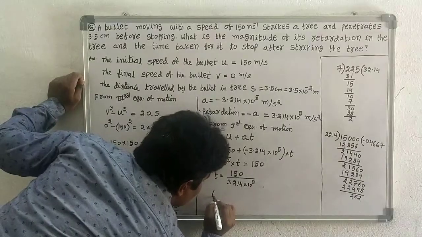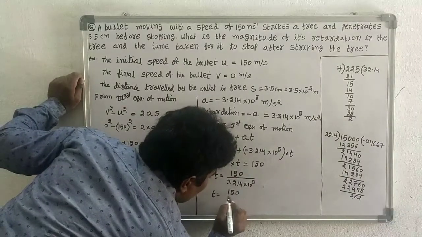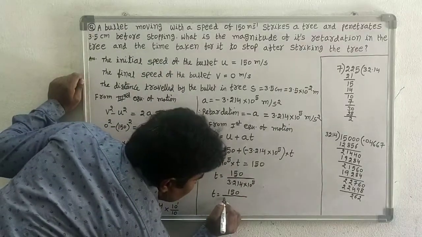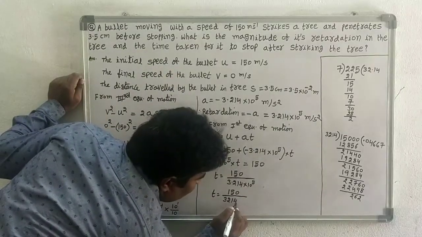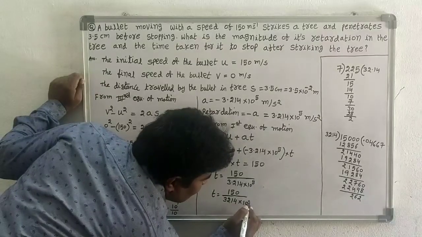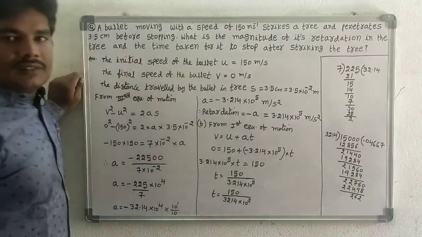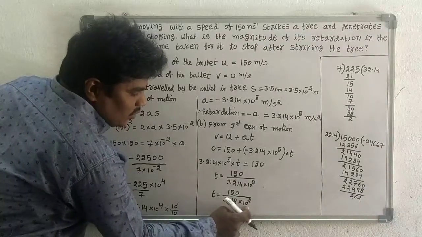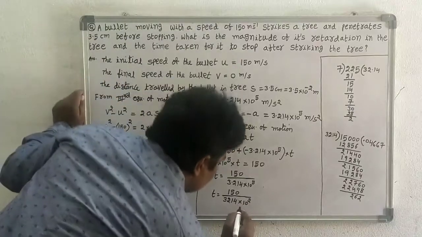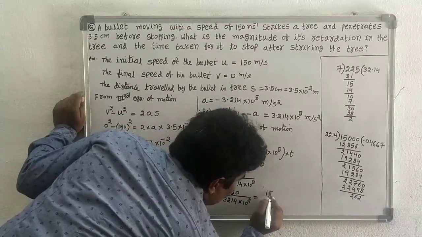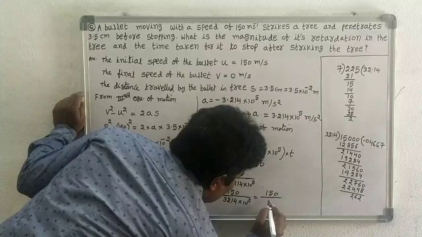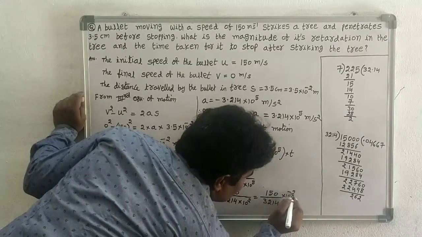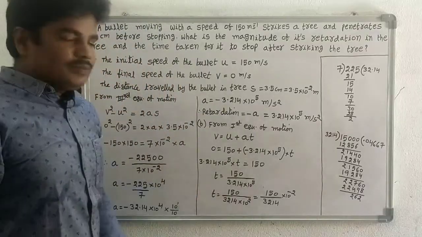We get t is equal to 150 by 3214 into 10 square. Now we send the 10 square to the numerator. Then we get 150 by 3214 into 10 to the power of minus 2.